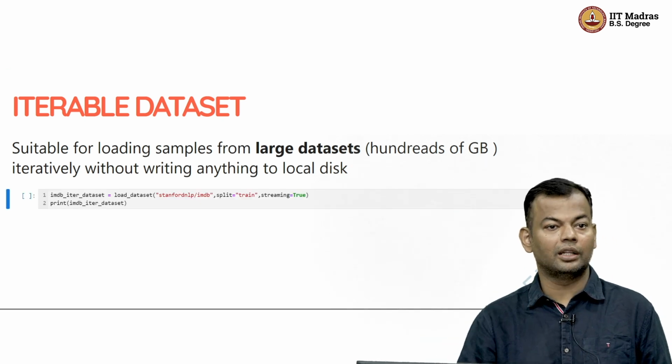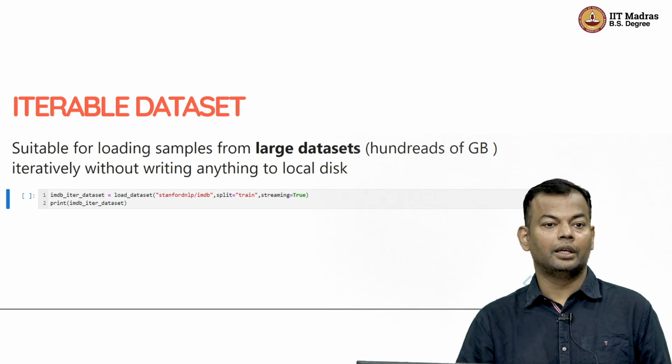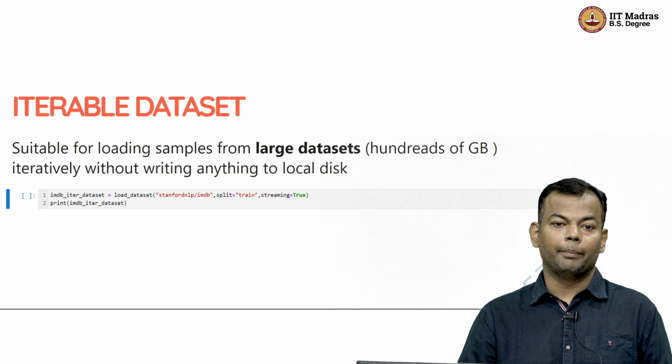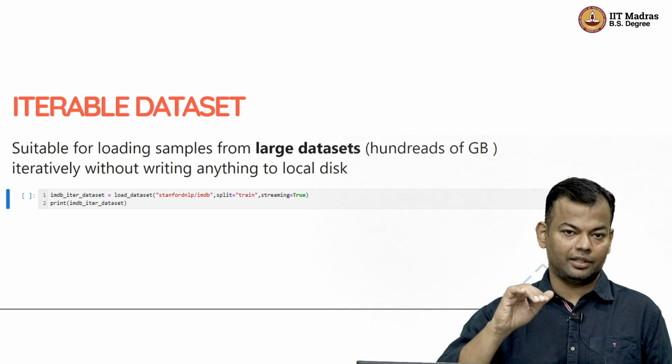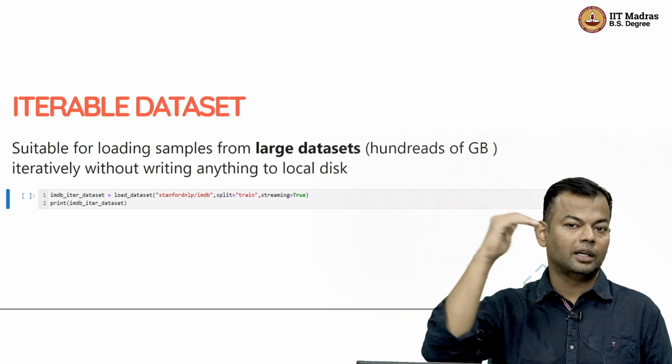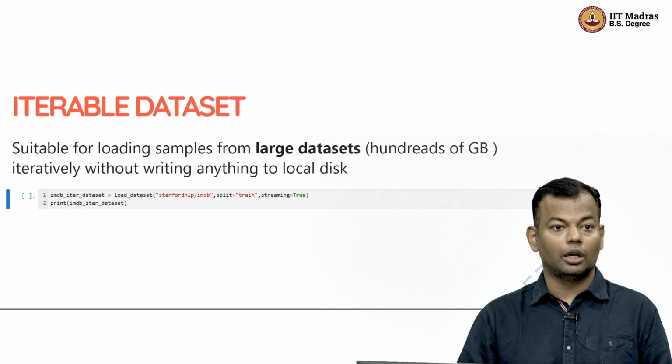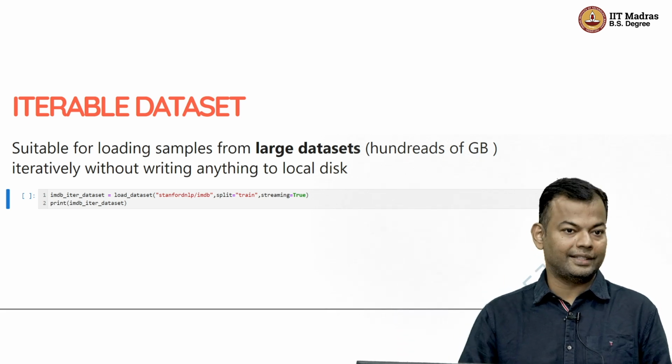So as you can see here, in the load_dataset method, I'm using the IMDb dataset. I'm saying I just want the train split, but I'm asking it to stream the dataset. That means it will just load one instance at a time. It will not download the entire dataset, but just stream it one sample at a time.